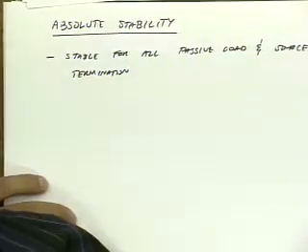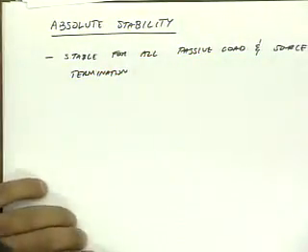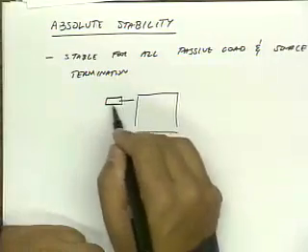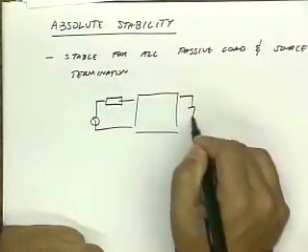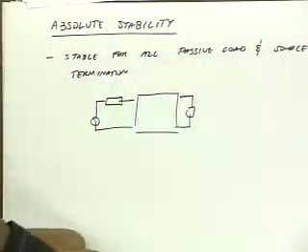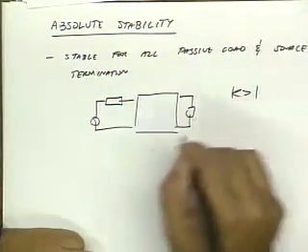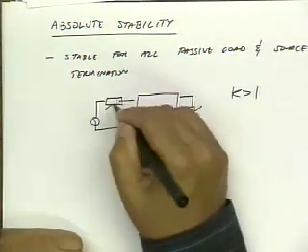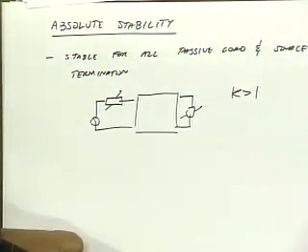Now you might say that's very conservative, right? That means that if I have a 2-port, I can drive it with any source and any load, and it'll never oscillate if k is bigger than 1. It's absolutely stable. At least for all passive terminations, right?